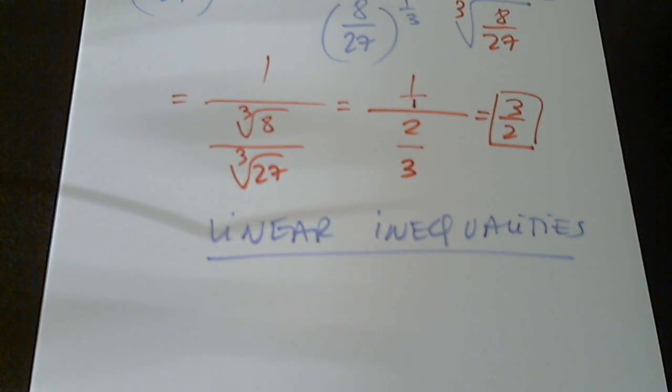So the notation 2 less than 5 means that 2 is to the left of 5. 2 is less than 5. 2 is on the left of 5.